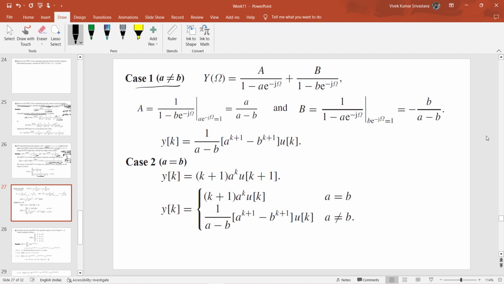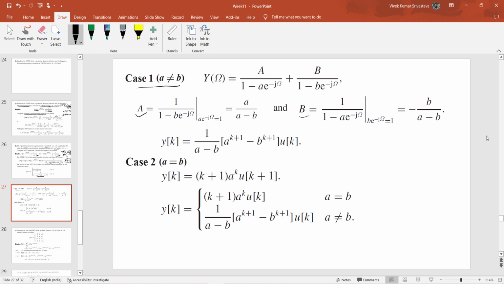How to evaluate the values of A and B we have already seen in the previous class, so I leave this exercise for you. Once you evaluate, the value of A will come as a over a minus b, and the value of B will be equal to minus b over a minus b.